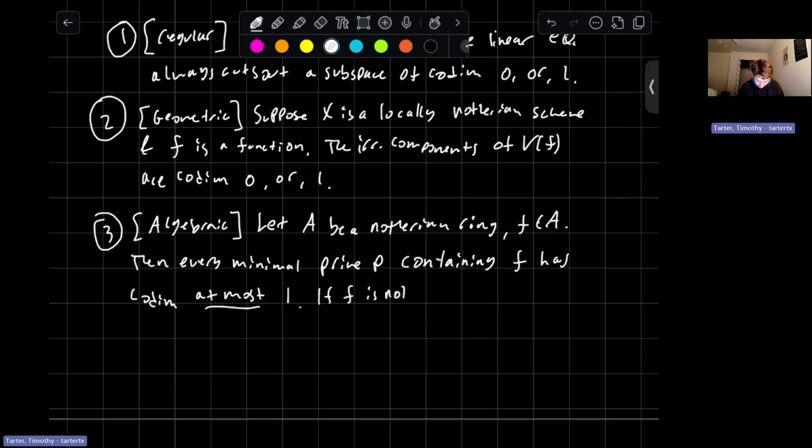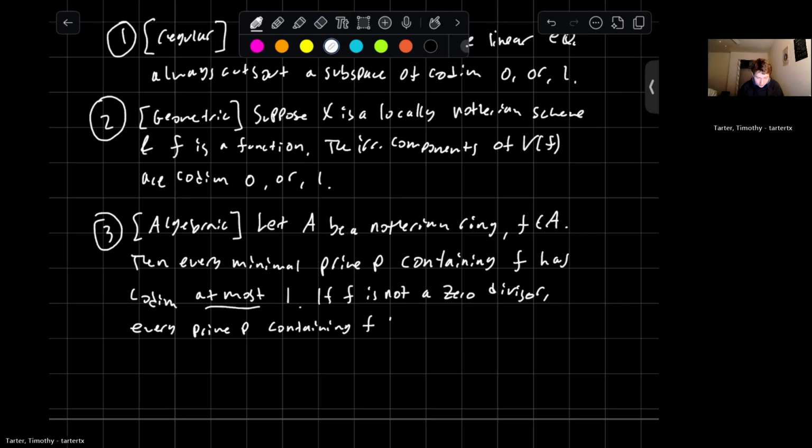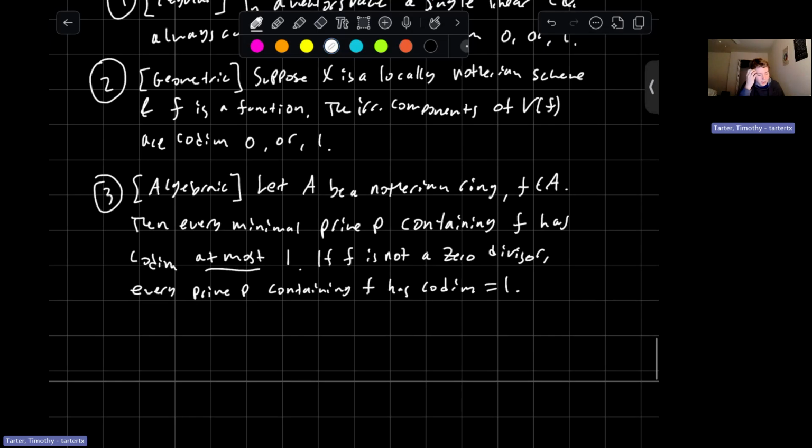If F is not a zero divisor, then every prime P containing F has codim precisely 1. And that's actually a very strong condition.